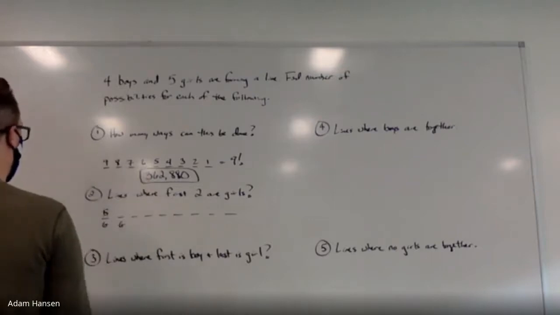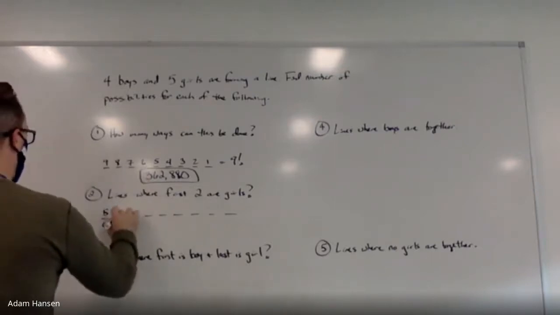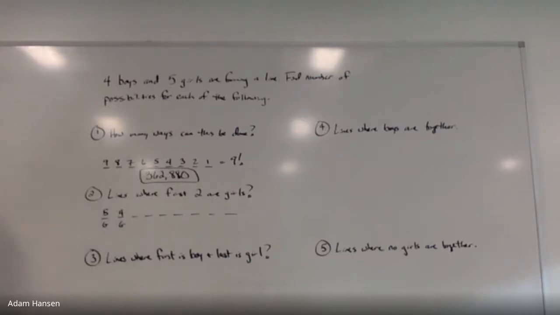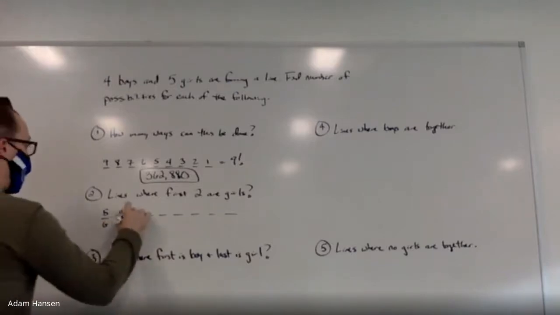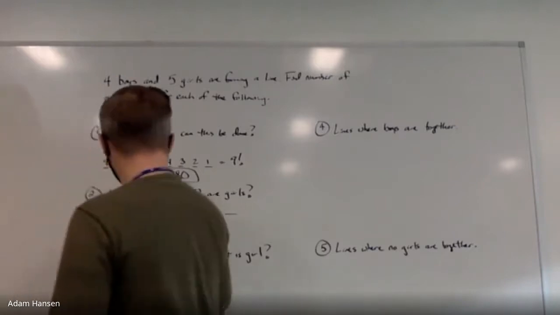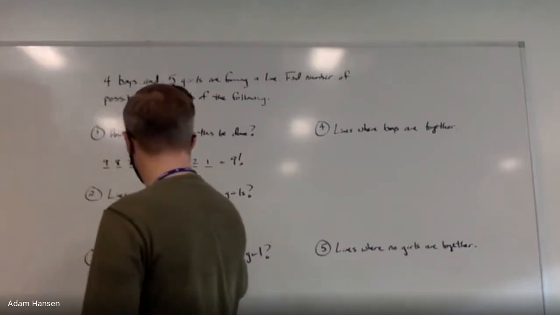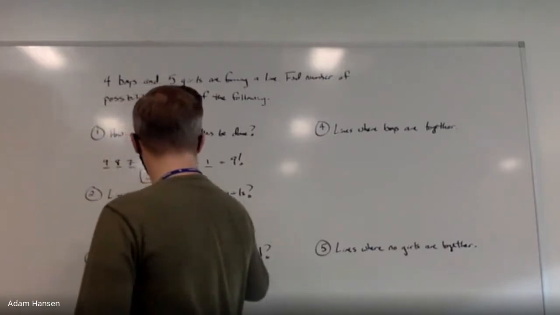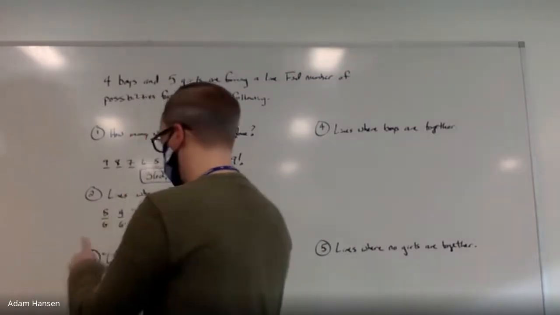How about after that? 4, because I've already picked 1 girl, so there's only 4 girls left to pick from to put in second place in line. Now it doesn't matter. How many people are left? 7. So there are 7 people to pick from for the third place in line, and then on down from there. 5, 4, 3, 2, 1.